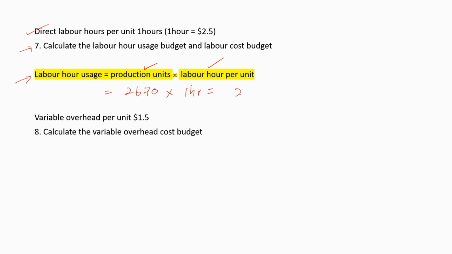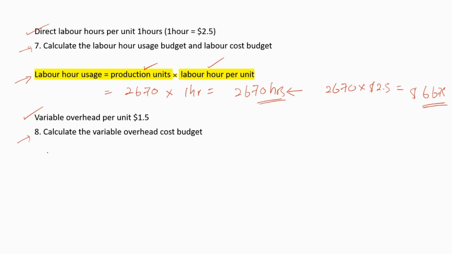So this is equal to 2670 hours. This is the budgeted labor hour usage for the next year. Using this value, we can calculate the labor cost budget, which is equal to 2670 multiplied by 2.5. This is equal to 6675.